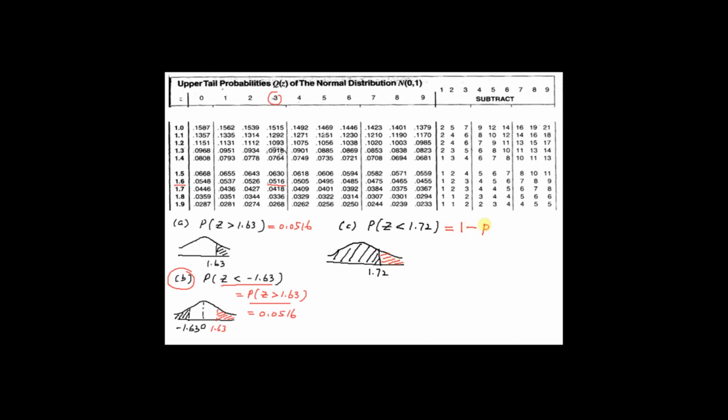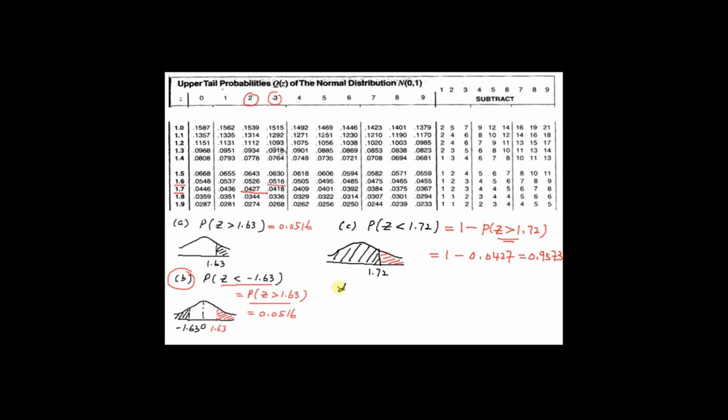That is the probability Z more than 1.72. This is the upper tail probability, which is given in the table. So you have 1.72. The probability is 0.0427. So this will give you the answer 0.9573.